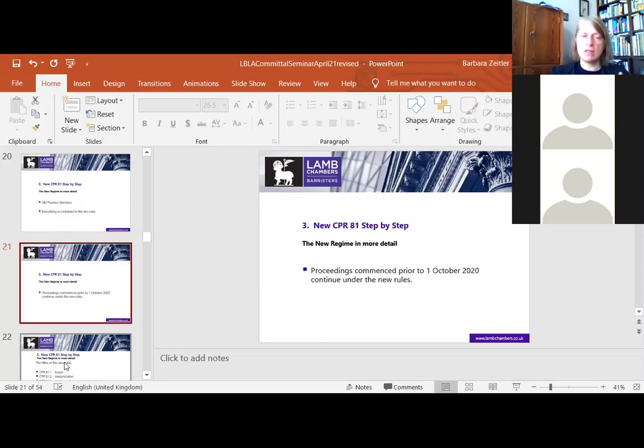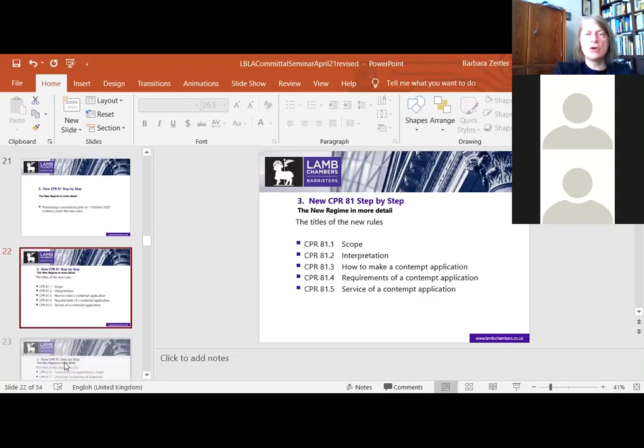So that means that as soon as the new rules came in the autumn of last year, proceedings that were already in existence then continued under the new rules that we're about to look at.